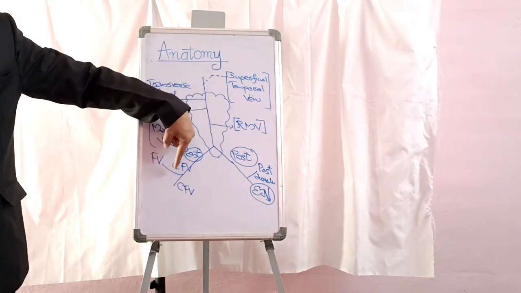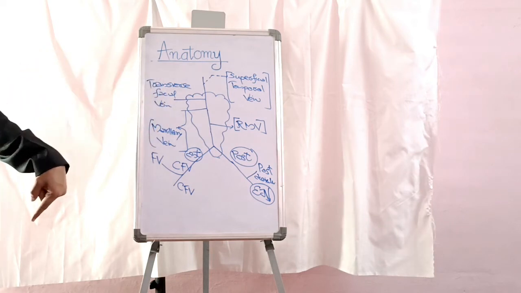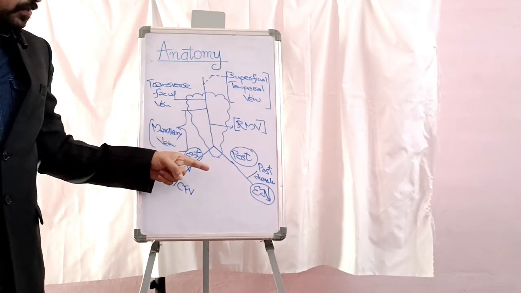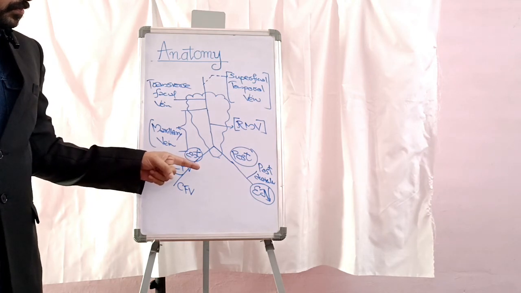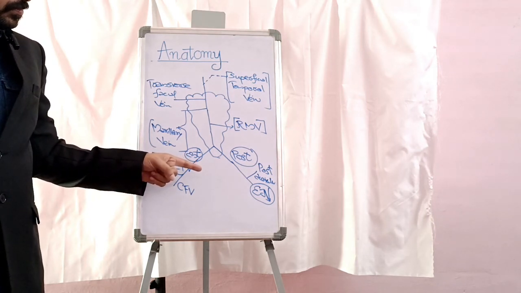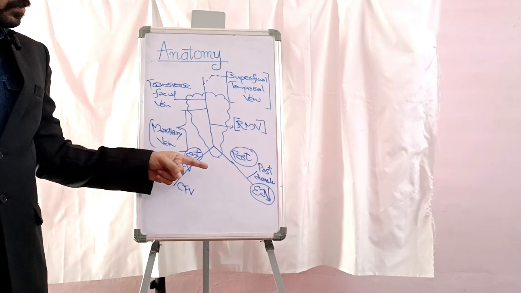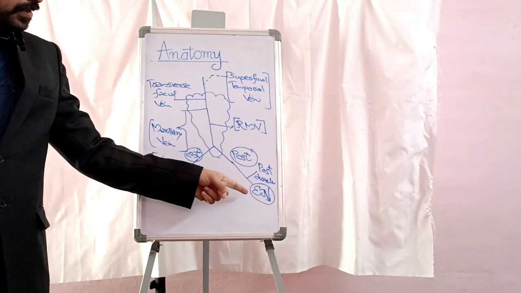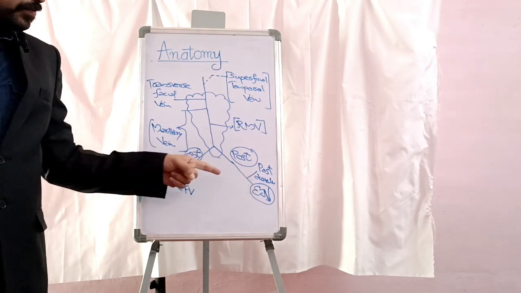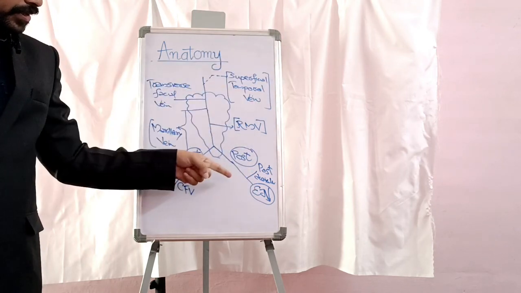From the common facial vein, there is the facial vein branch. This is the posterior auricular branch. This is the external jugular vein branch.